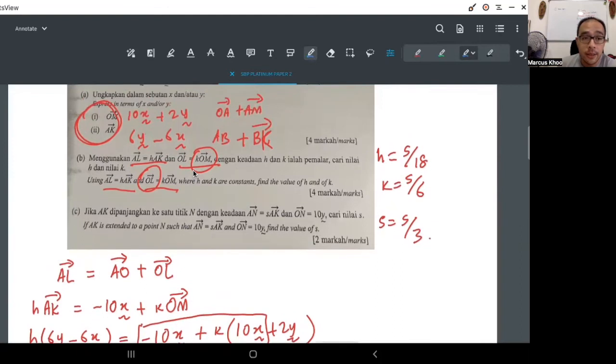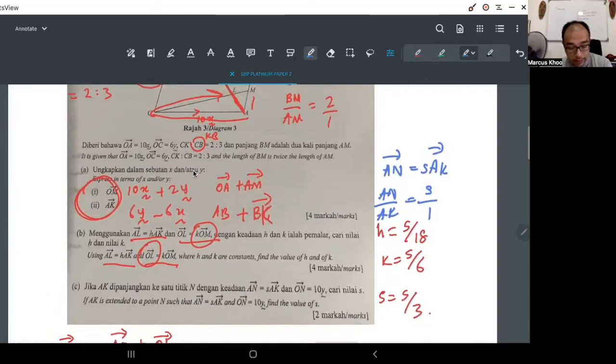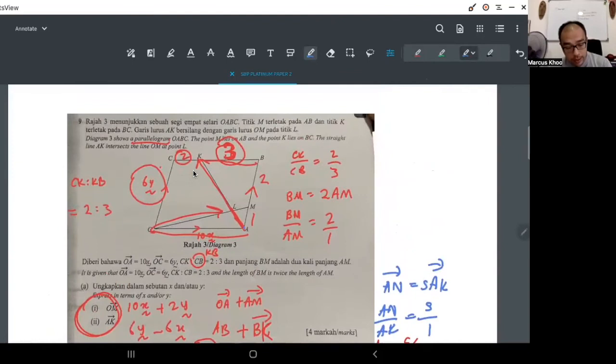Okay. All right. If AK is extended to a point N such that AN equals to SAK, which means that AN over AK equals to S over 1. Okay, so AK dipanjangkan. Okay, so let's say this one, kena panjang sampai N is somewhere here lah.